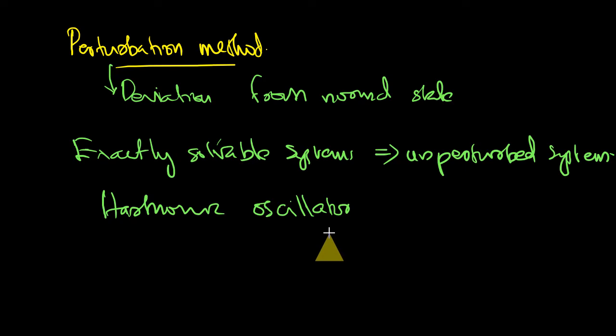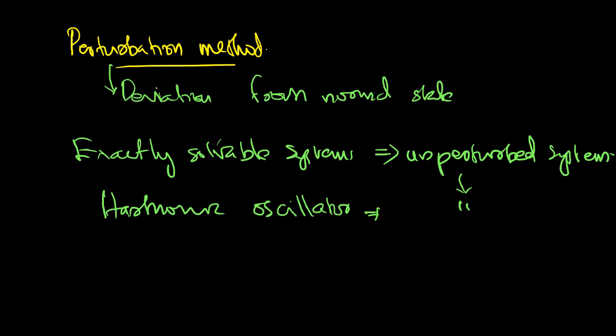We constructed the Schrodinger wave equation for the harmonic oscillator and solved it in order to get the wave function and energy. Therefore, we can consider this as an unperturbed system. Harmonic oscillator is an unperturbed system, because the Schrodinger wave equation can be exactly solved.